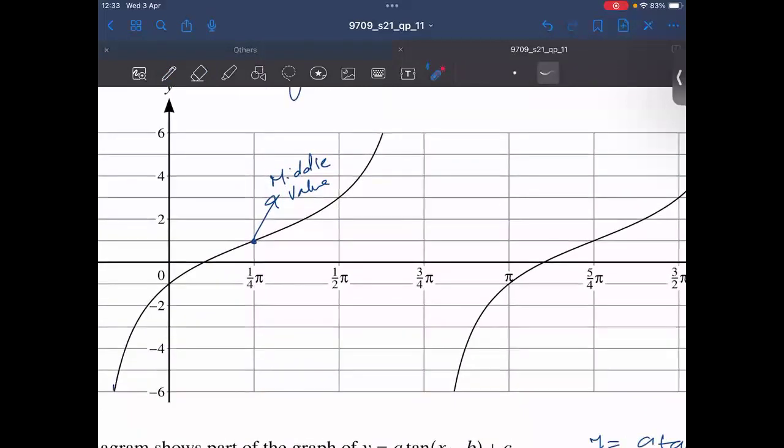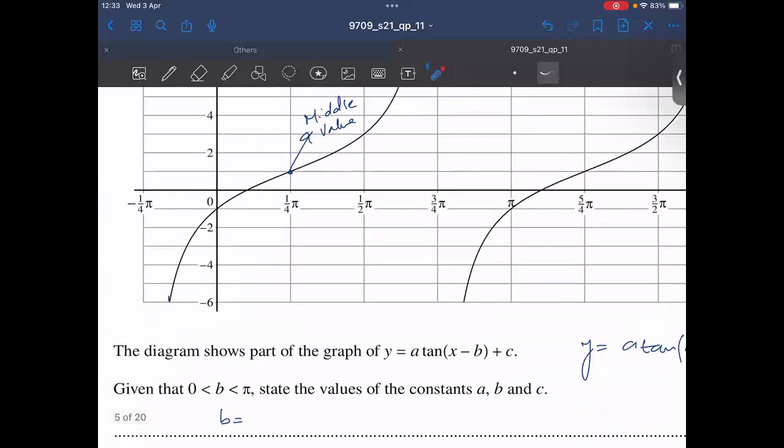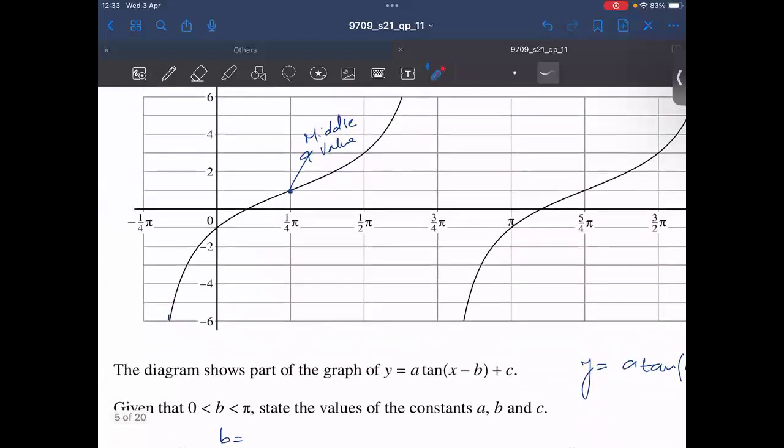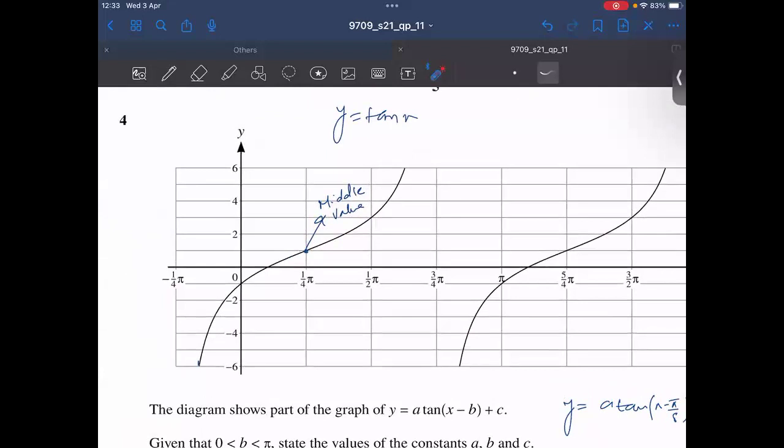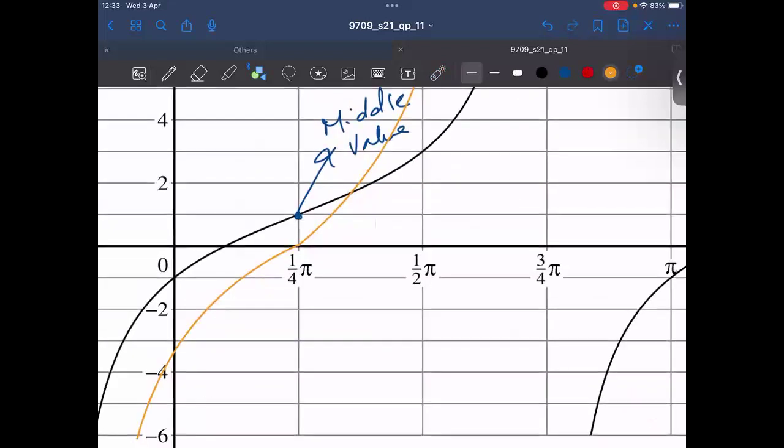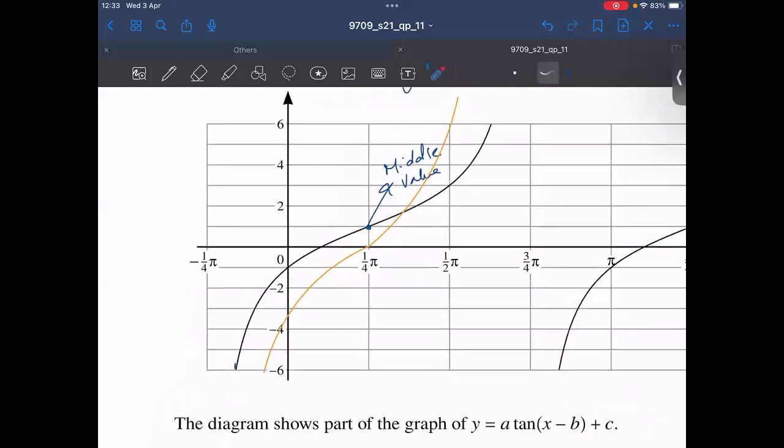Also, the value of C would have been 0 if the graph would have been like this. Iman, is that clear to you or not? If the graph would have been like this, then the middle value would have been this point.